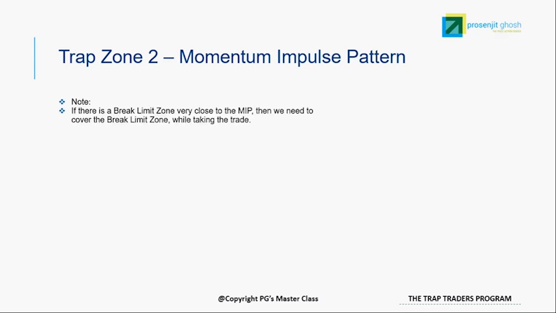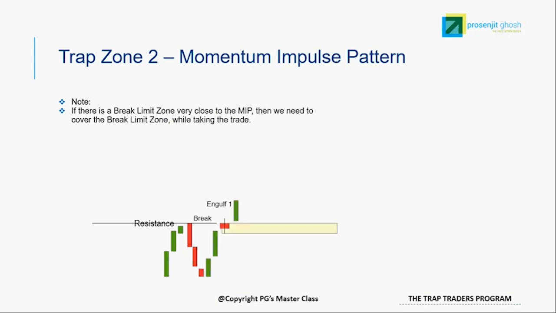So note, if there is a break limit zone very close to a MIP, then we need to cover the break limit zone while taking the trade. So this is a resistance, and a break limit zone got created. Now price came down, created another minor resistance, created a drop based rally and engulfed the minor resistance.